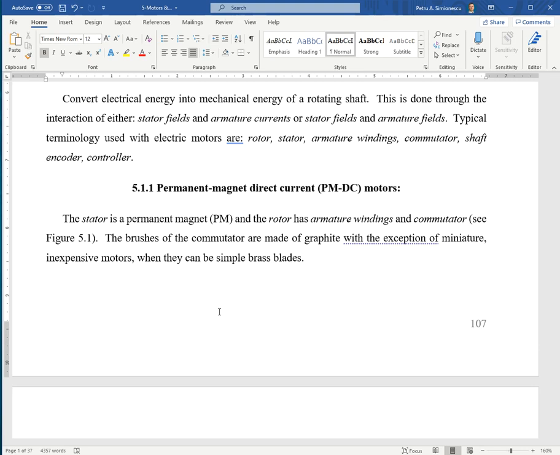So the motors that drive the fans, the AC fan or the main radiator fan, the motor or motors that drive the windshield wipers, even power locks are actuated with motors rather than solenoids. So the stator is a permanent magnet, and the rotor has armature windings and commutator.